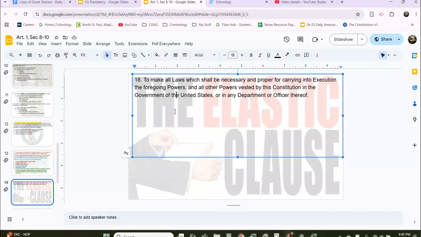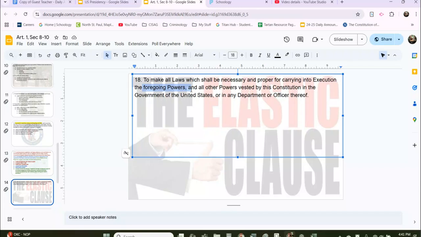We don't know what our currency is going to look like. We don't know if we're going to be attacked by Great Britain again and we're going to have to go to war. They had no way of knowing specifically what Congress and the laws that they would make would be. And so they put in this insanely crazy disclaimer that says, from this point forward, Congress can make any law that is tied to expanding on the powers we have listed in Article 1, Section 8.